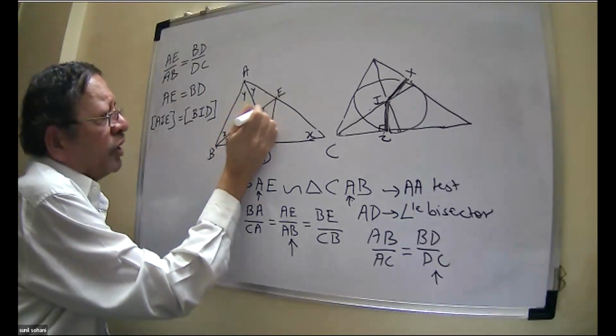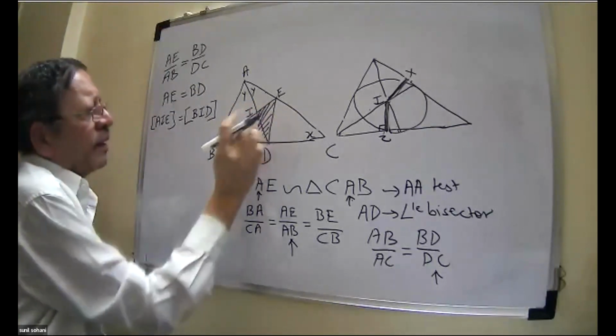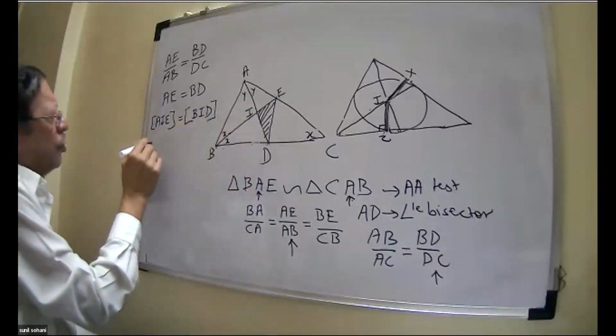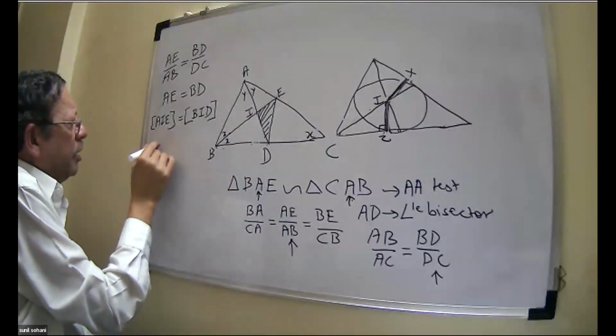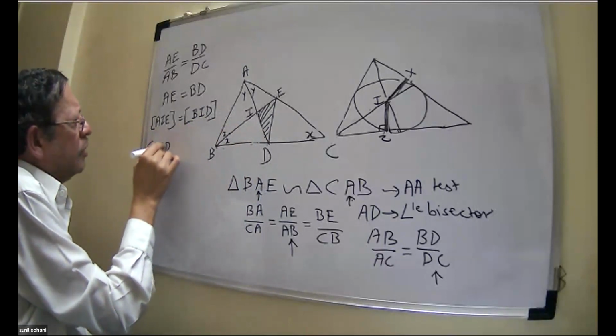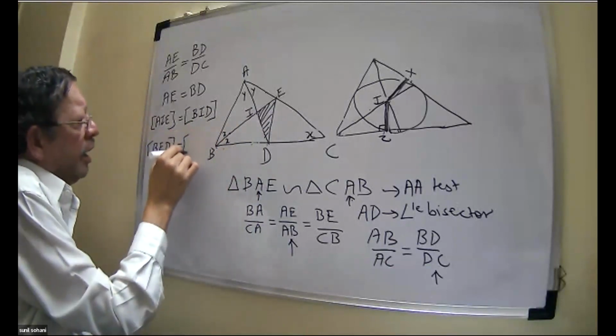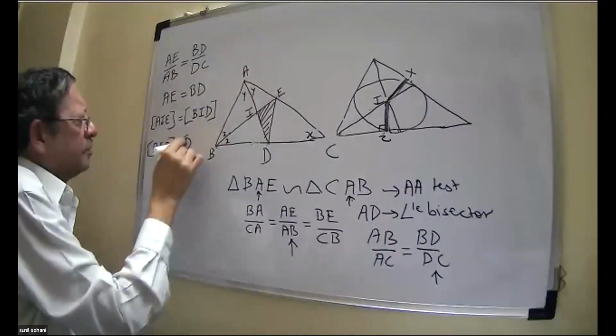I'm going to shade one part of the region, this triangle. Reason being, with this shading, I'm going to complete this next statement. So area of triangle BED is equal to area of triangle ADE, or let me say DEA.